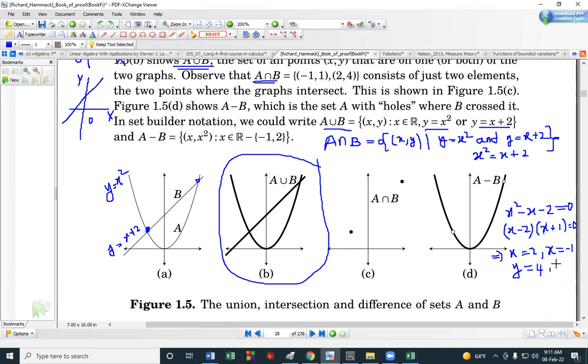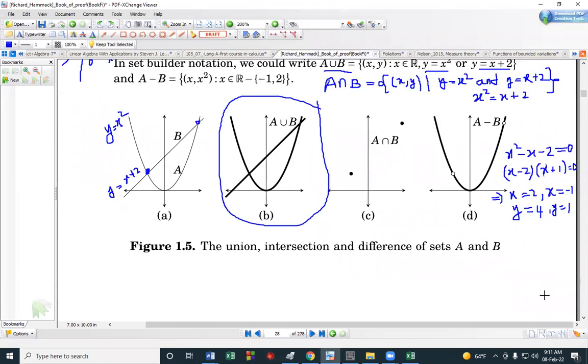And similarly, if x is minus 1, y is 1 in both equations. So on intersection, you have only two ordered pairs. One is (2, 4), and the other is (minus 1, 1). So this is your intersection.